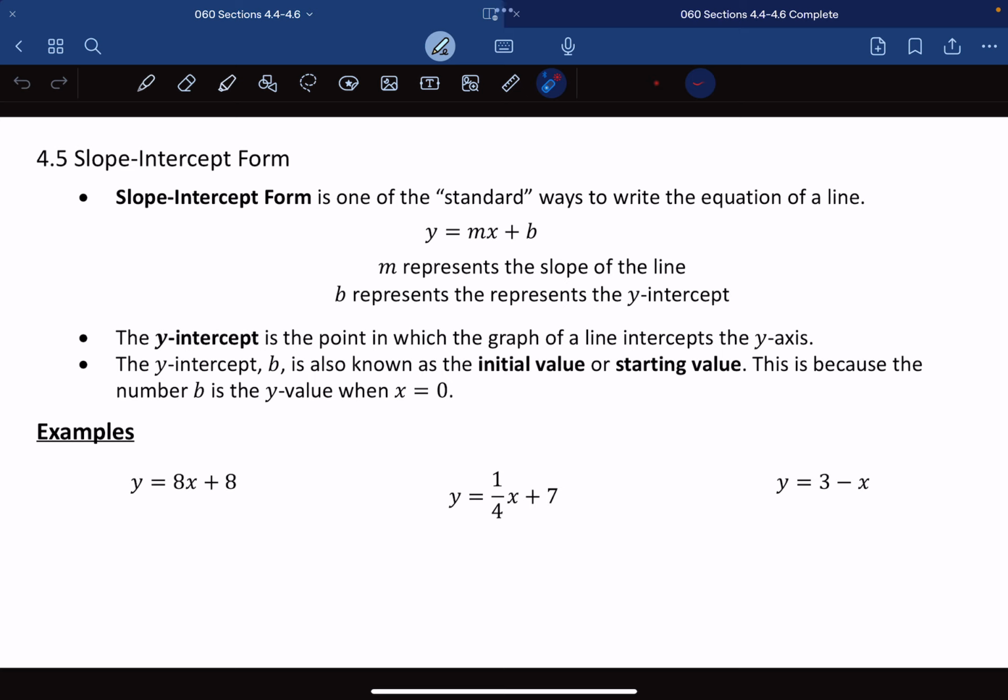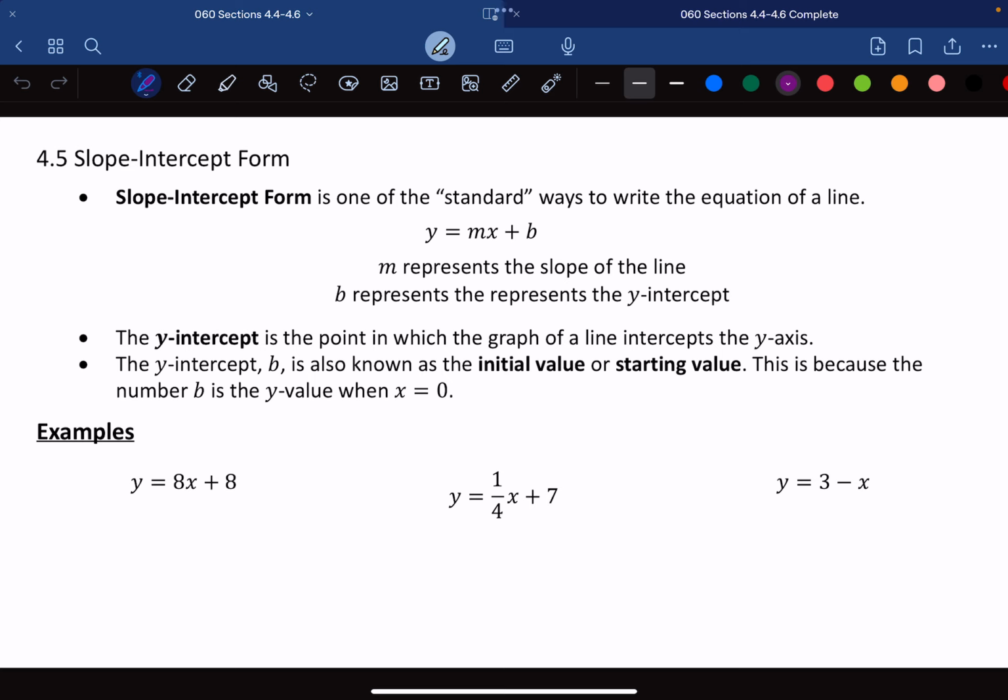And so when we look at the standard form, the x and y are referring to your data points, your table information, that kind of thing. The m and the b are the numbers that we're looking at, and the m represents our slope, the b represents the y-intercept. And in this case, that b is just a number, but I do want to point out that the y-intercept is a point on a graph, and so y-intercepts are actually written as points.